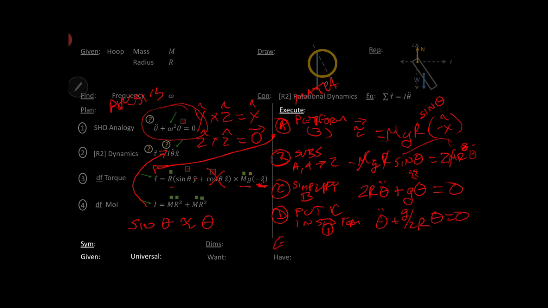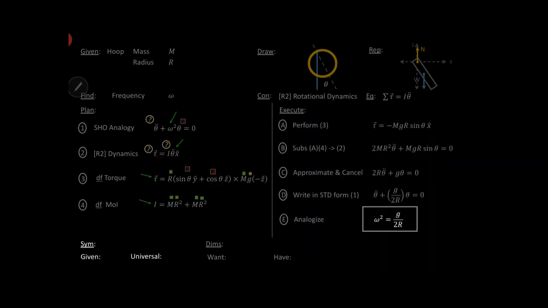Good. And so E, by analogy with D and 1, is going to give us omega squared is equal to g over 2r. And basically, that's the answer. That's what we need to figure out.